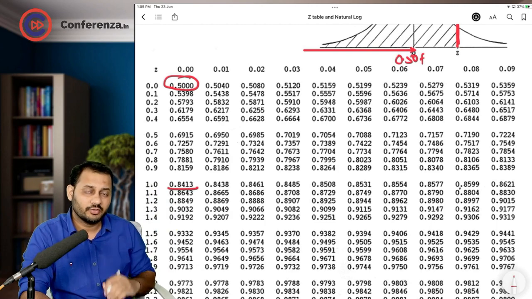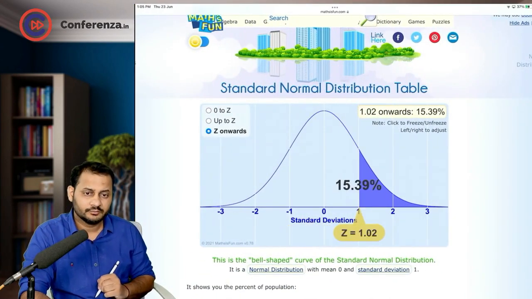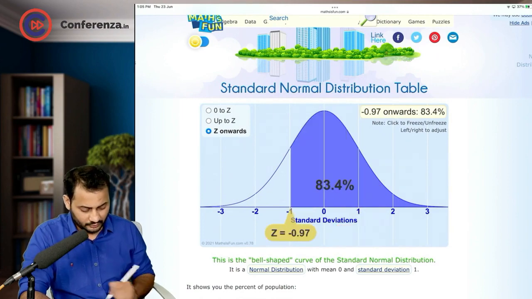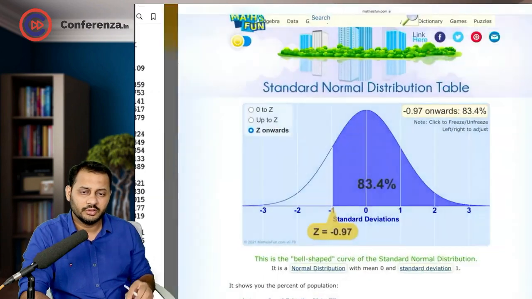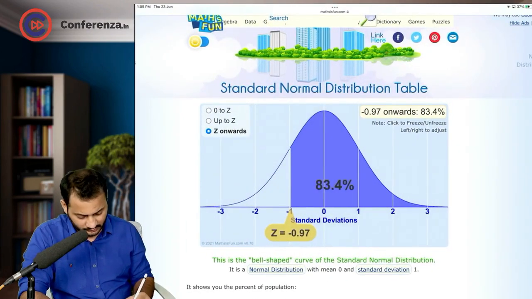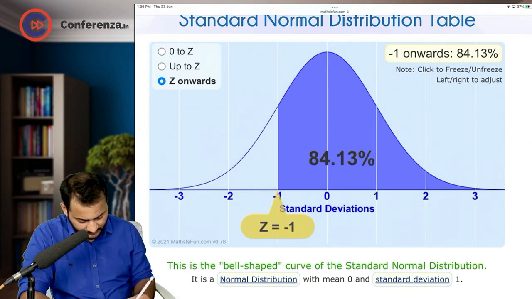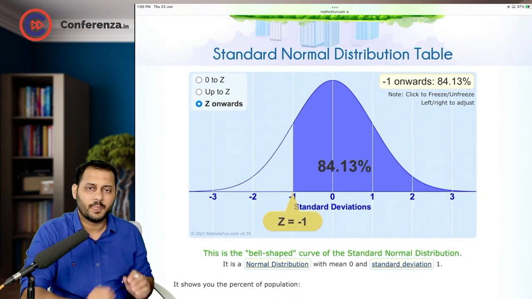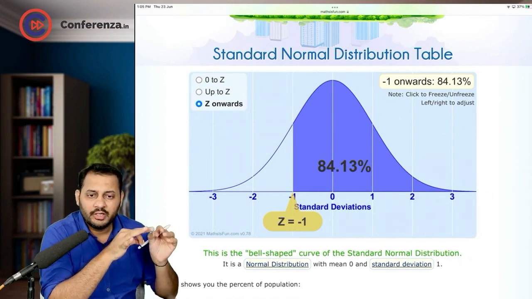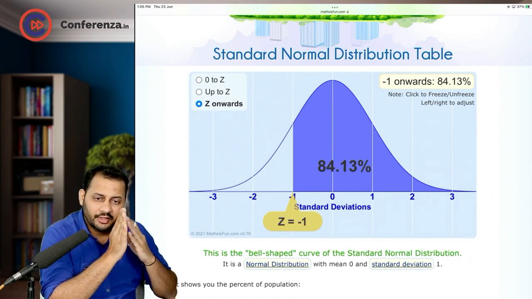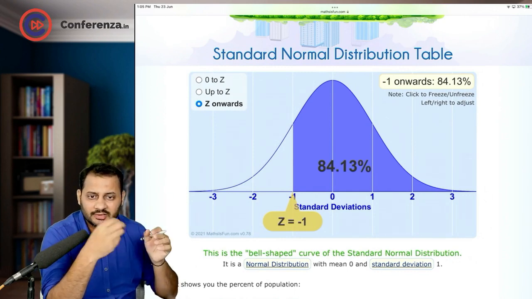Cumulative is 0.8413 means, let's say we go here. Am I right? 8413, and it shows 84 exact one. Now we should reach 8413. So 84.13% is the entire area on the right side if we take z as minus 1.